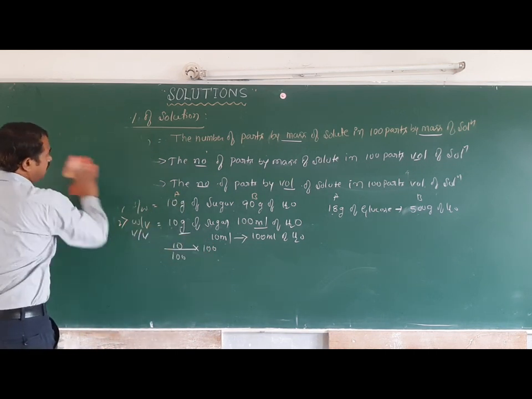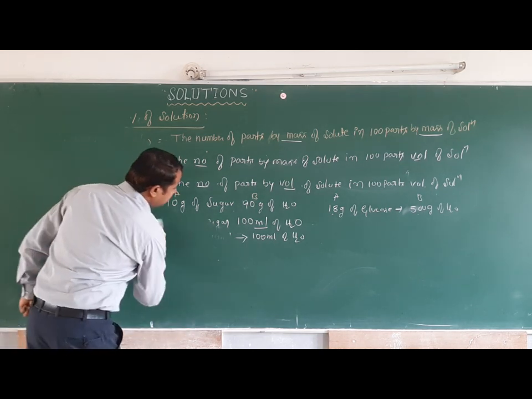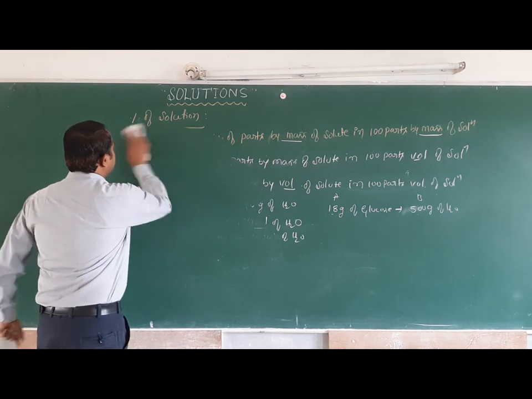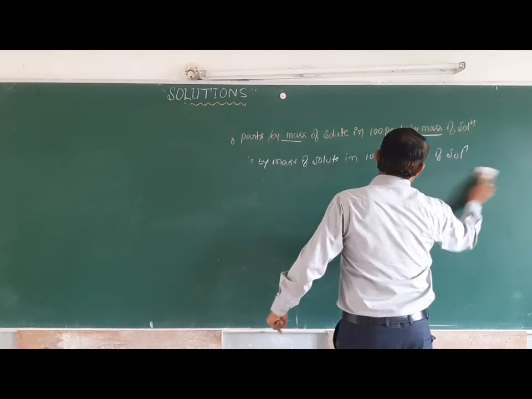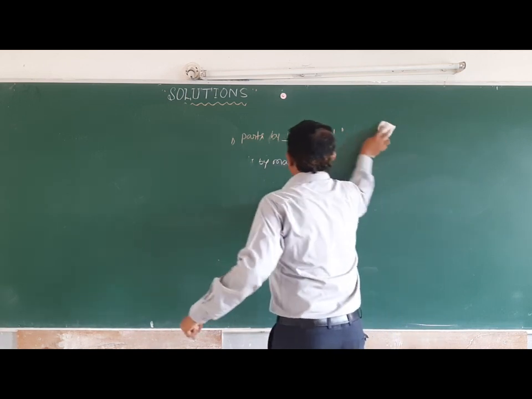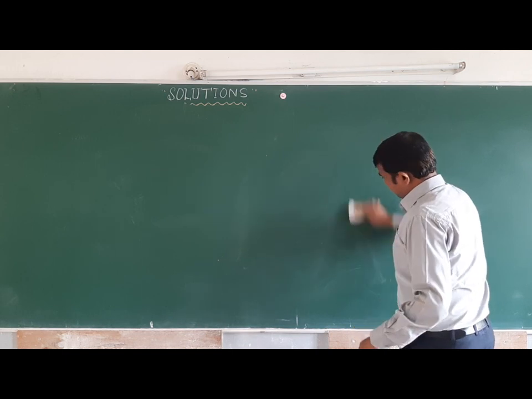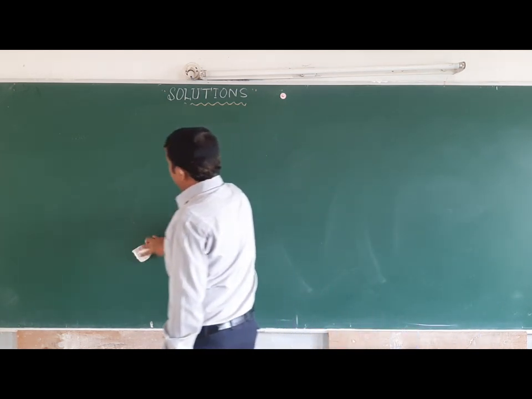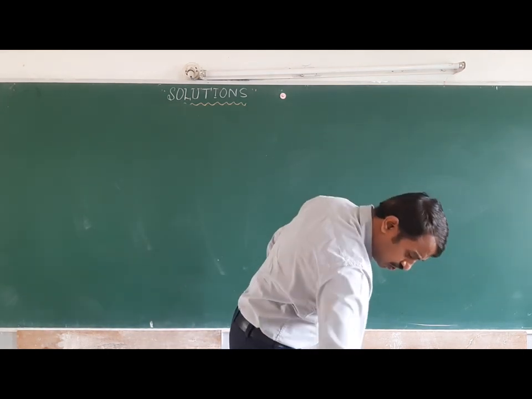Next we will go for the last concentration of solution, that is parts per million. ppm means number of parts of solid present in 10 to the power of 6, or 1 million, parts of the solution.